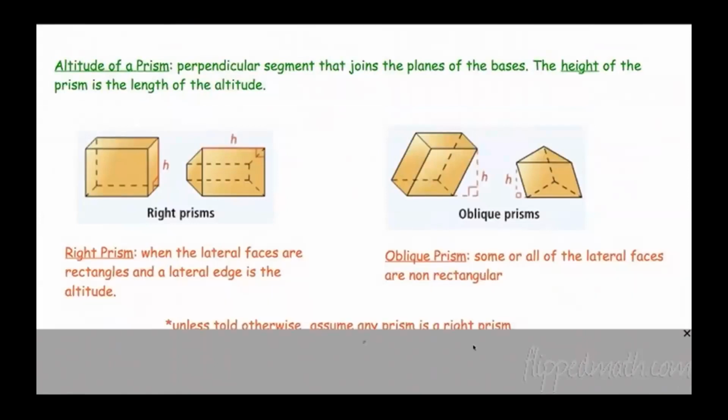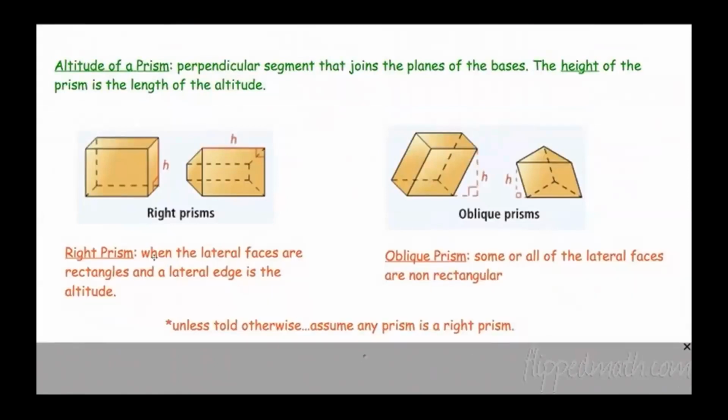Like I said, a right prism is when the lateral faces are rectangles and a lateral edge is the altitude. That edge is actually the altitude. Unless you are told otherwise, always assume for our purposes that any prism is a right prism. I will tell you otherwise if it's oblique.